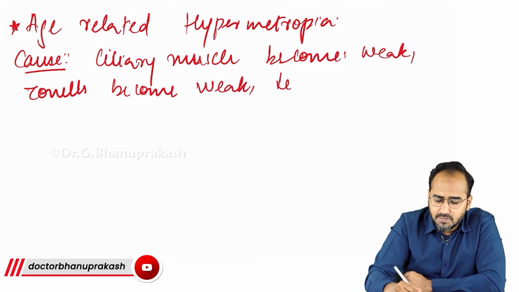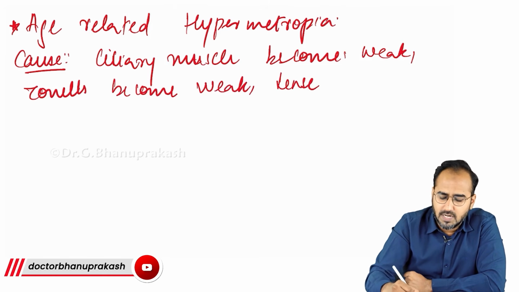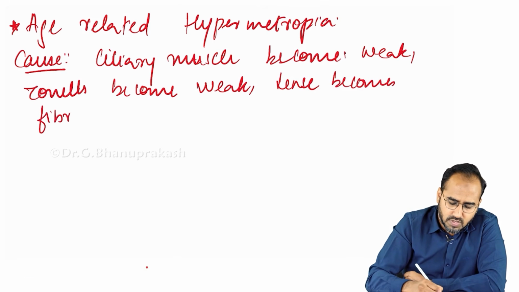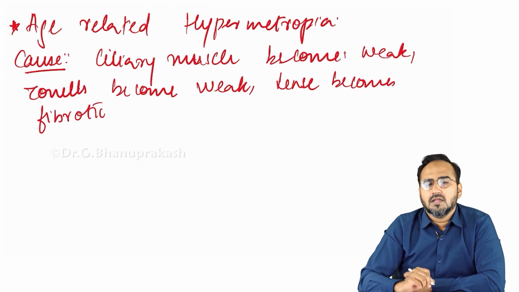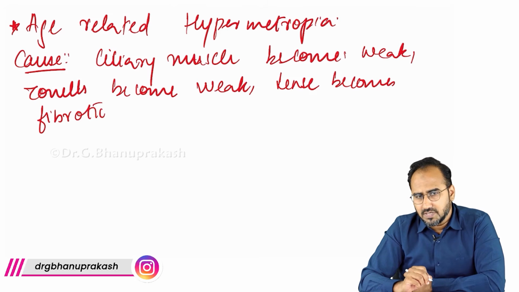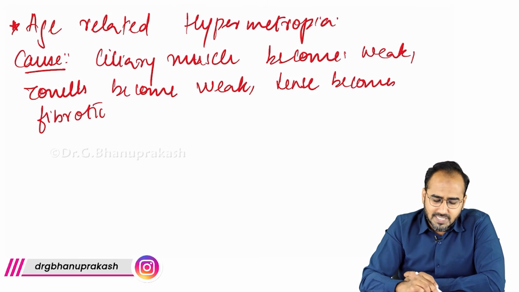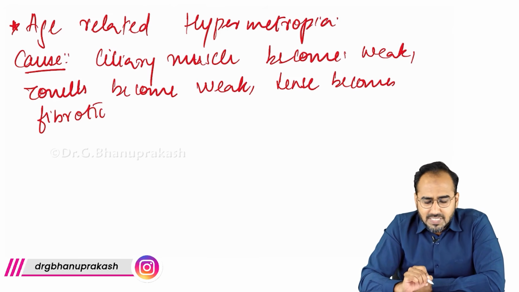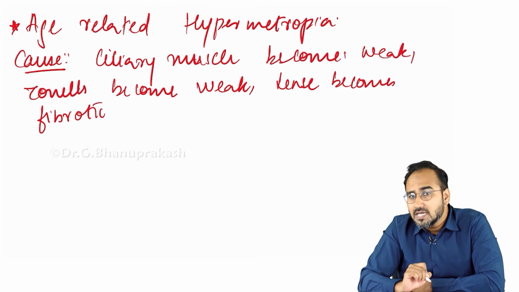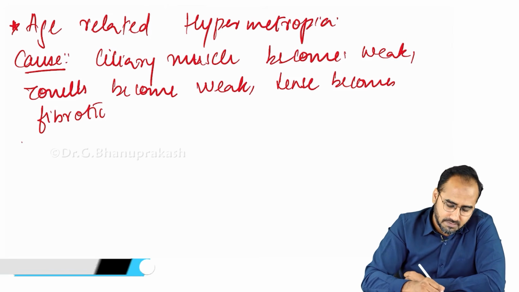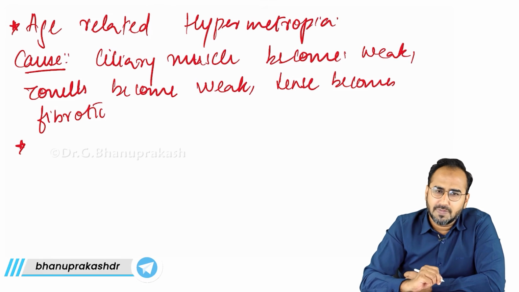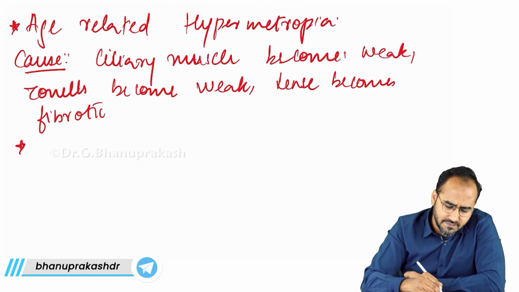And the lens becomes more fibrotic. Hence, what is being lost? Accommodation is lost. So, as we are aging, ciliary muscles become weak, the zonules become weak, the lens becomes more fibrotic, and we develop presbyopia.